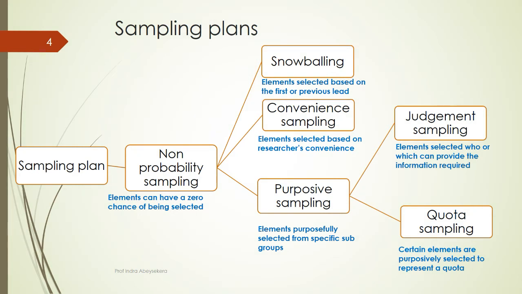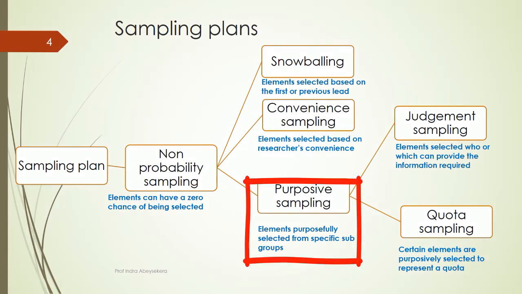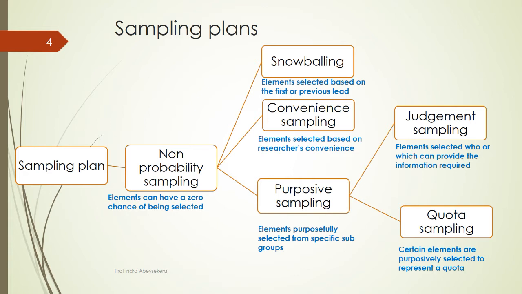Convenience sampling is where the researcher conveniently identifies the elements from the population for the sampling plan. Purposive sampling is the purpose of selecting elements from the population. It could be judgment sampling or quota sampling.